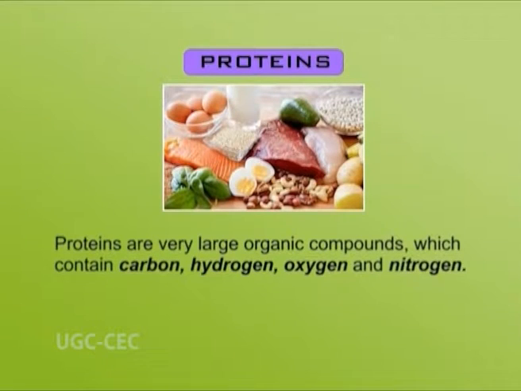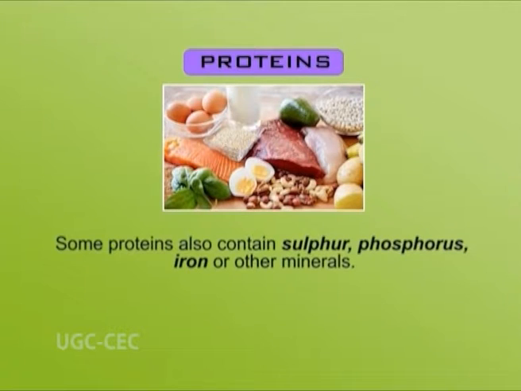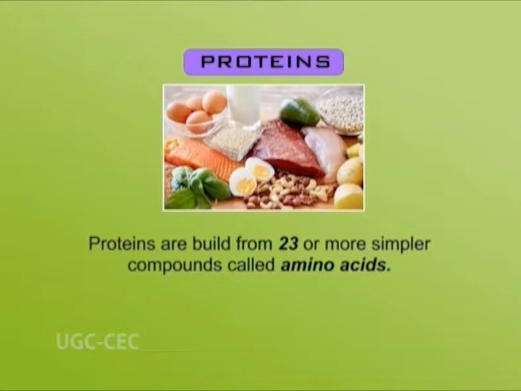Proteins are very large organic compounds which contain carbon, hydrogen, oxygen, and nitrogen. Proteins usually contain about 16% nitrogen. Some proteins also contain sulfur, phosphorus, iron, or other minerals. Proteins are built from 23 or more simpler compounds called amino acids.